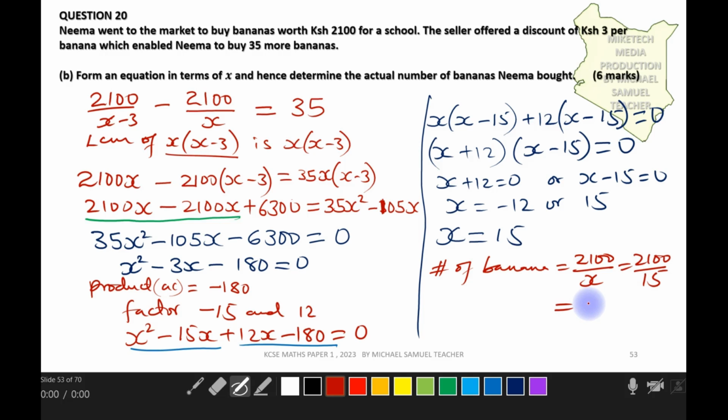Therefore, we end up getting 140. After the discount he was able to buy 35 more since he was given a discount, so plus 35, we end up getting 175 bananas.